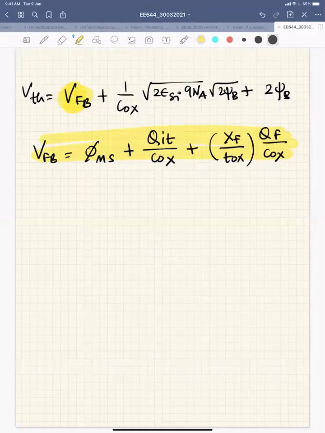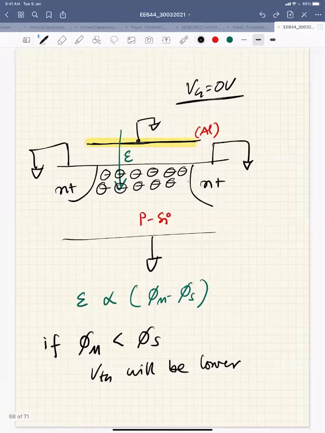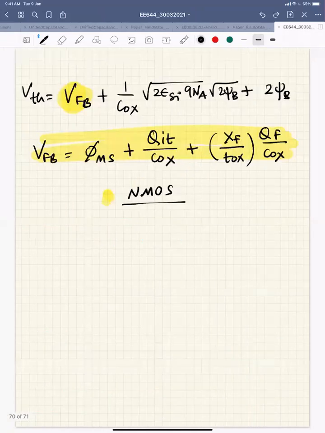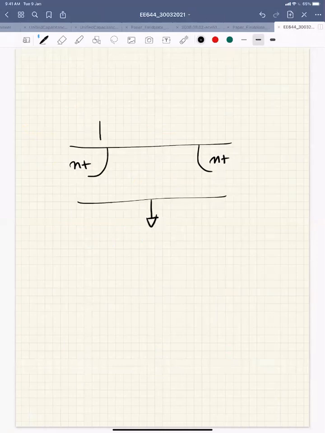For an NMOS transistor, before we go there, I just want to tell you that in a typical MOS transistor nowadays, your gate is made of polysilicon.